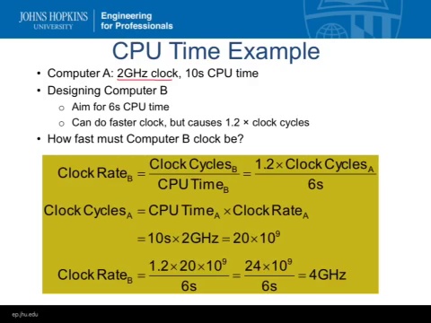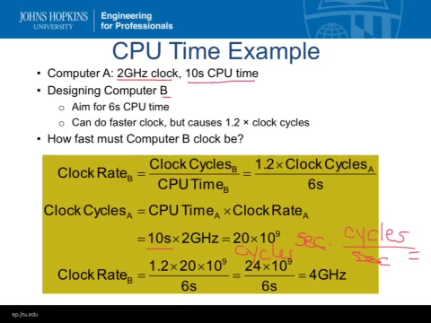If we have a program that runs in 10 seconds, we can figure out how many cycles that is by multiplying the time that it took to run that program times the number of cycles per second to get the number of cycles, canceling out seconds. So this program took 20 times 10 to the 9th cycles.